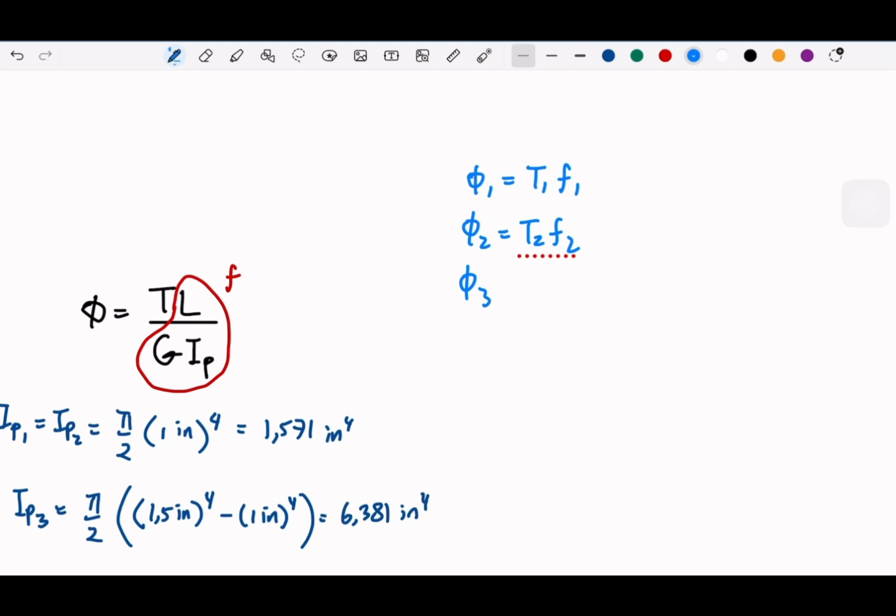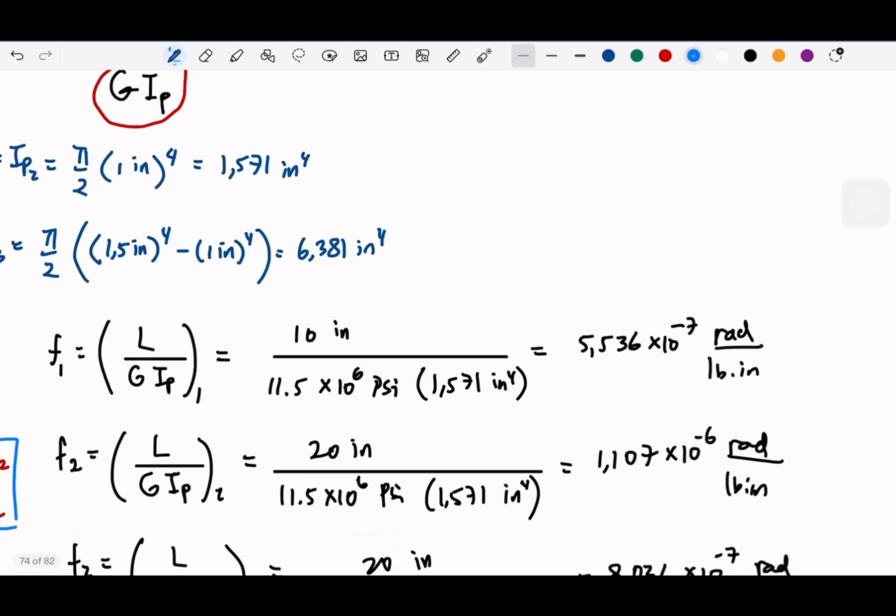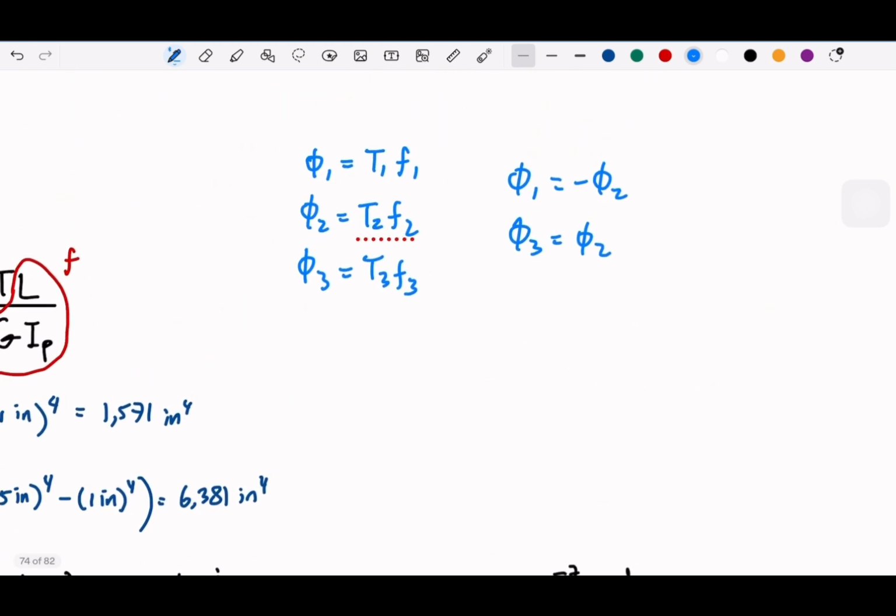And twist angle 3 is T3 F3. And then write up all the connections between the twist angle. So we can exchange and then taken into the calculations, we can compute the T1, T2, and T3.